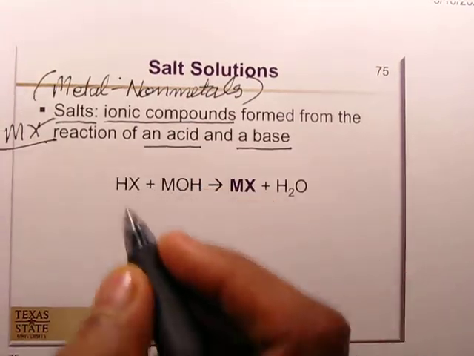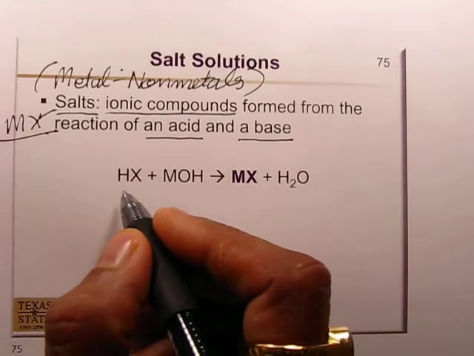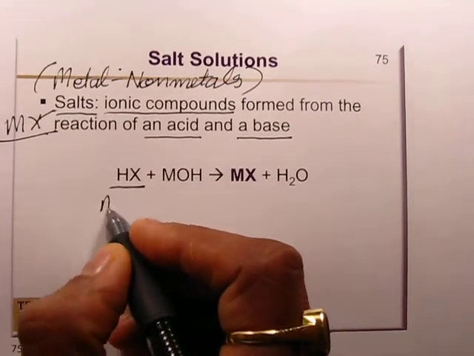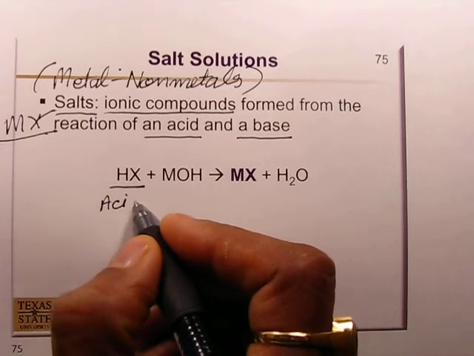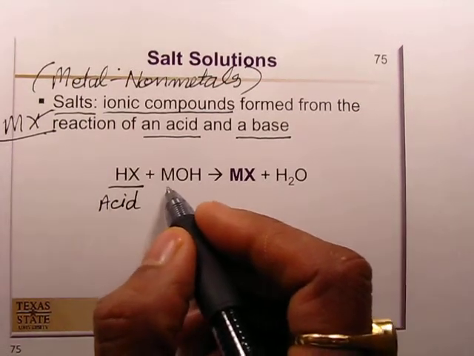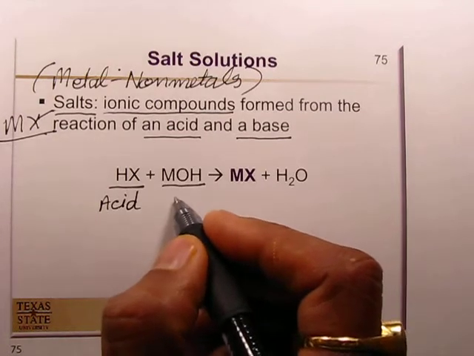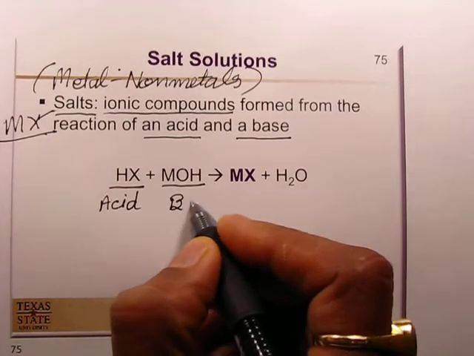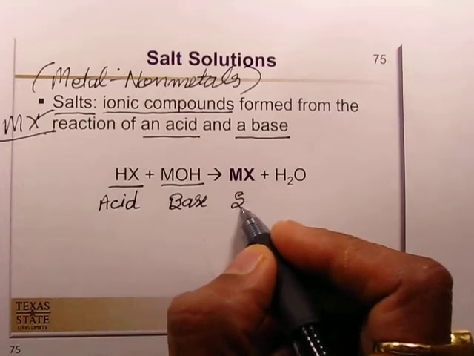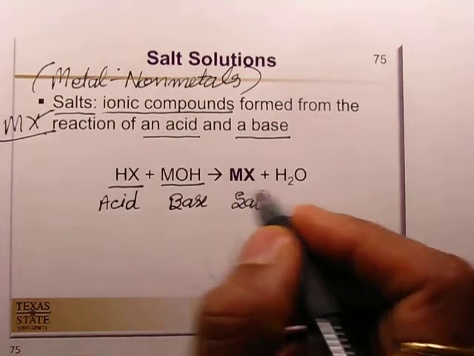Here we are going to take HX. H means acid. This is an inorganic acid. And MOH is for metal, and hydroxide means base. So when acid and base react, they form salt and water.